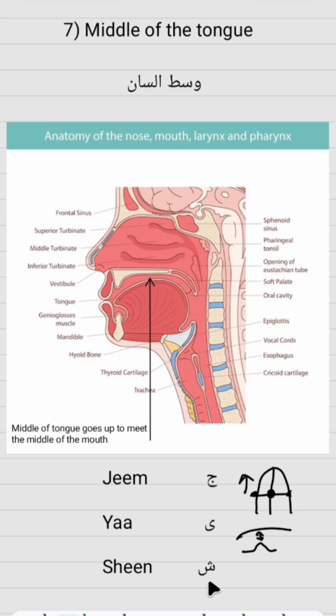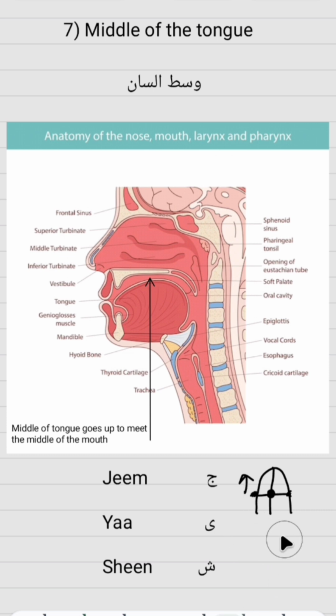And the third letter is sheen. So sheen has its own sifat, which we'll do eventually. And basically what it says is your air that gets pushed out of your larynx here and comes upwards into this oral cavity, that air will be distributed within your mouth because of the position of the tongue when you're pronouncing sheen.